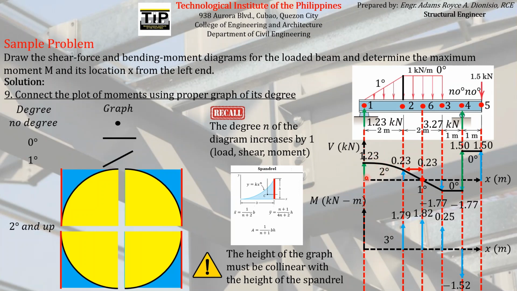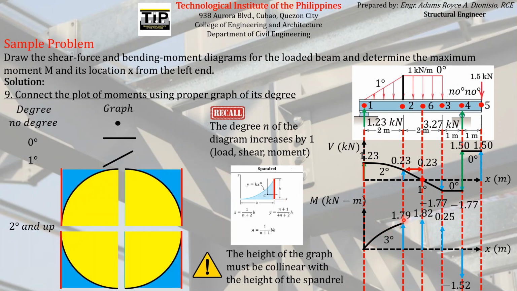And where is the height of this shear force diagram between point 1 and point 2? The height of this diagram is actually located here on the left. So which of these two has a height of the spandrel located at the left? Obviously this. So therefore, if we connect this point and this point, we will connect them using this curve, concave downward, just like this.